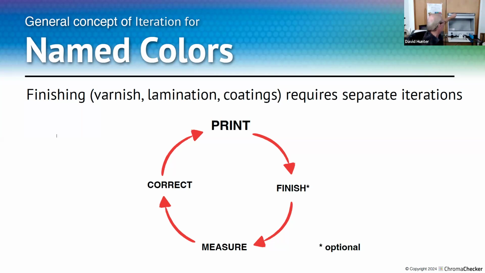I've got a sample up here I've shown before where the print is laminated, and we've got processes to make sure the spot color is right after the lamination, because before the lamination, it's 4 or 5 delta E different. It's the same with G7.